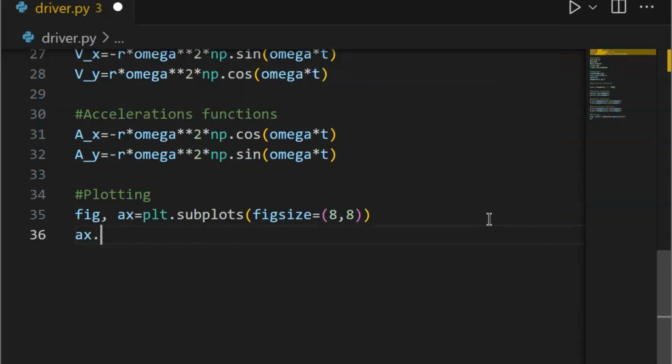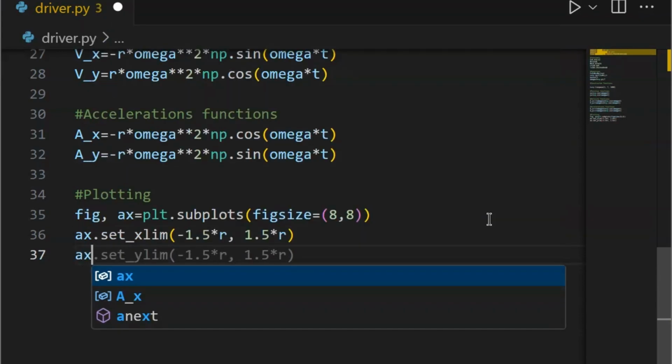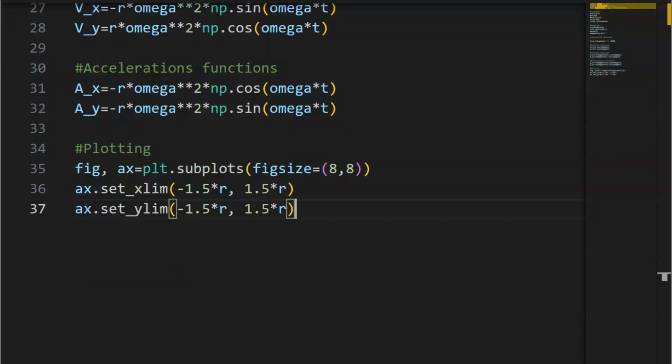Then we have ax.set_xlim, and that is going to be negative 1.5 times r to positive 1.5 times r. And we want to set the same y limit. Yep.